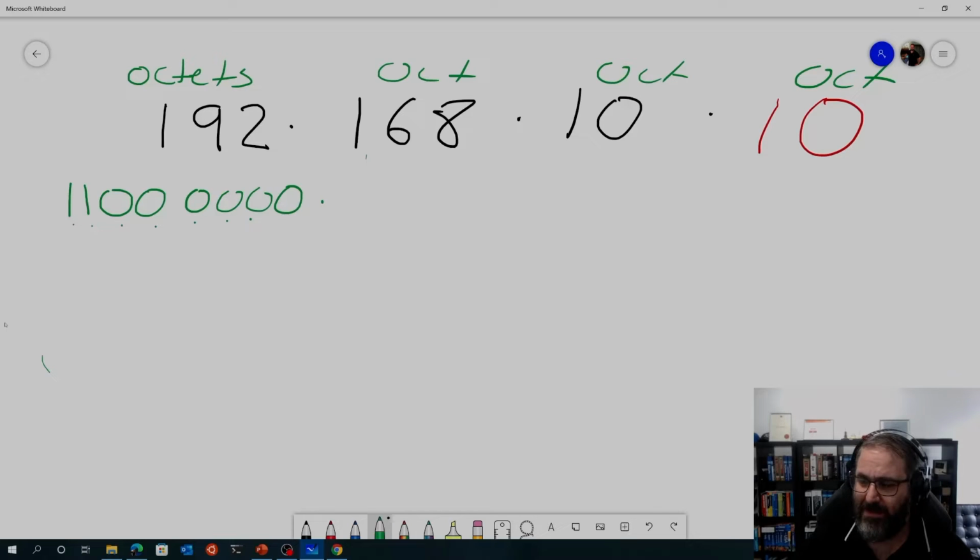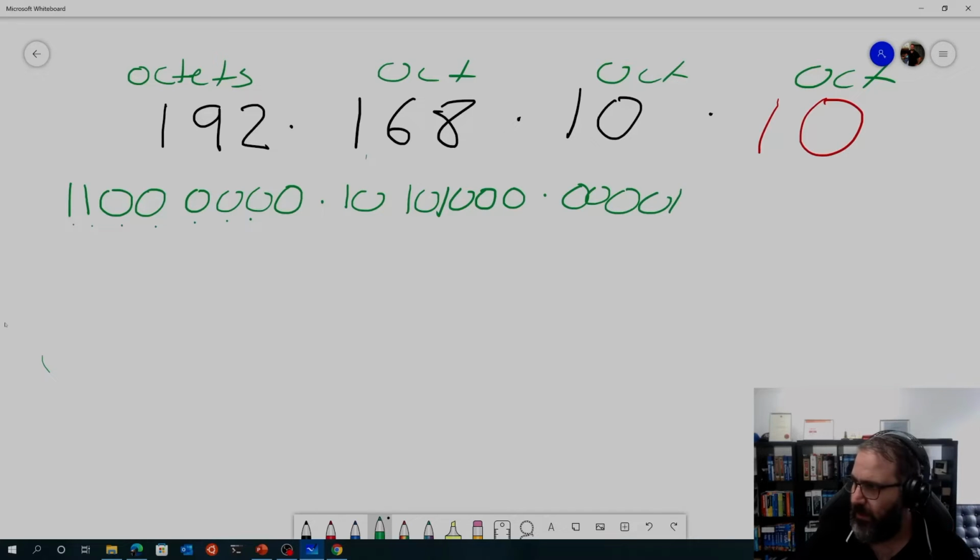Why this is 1, 1 and the zeros, we'll go through that. We'll get there. But let's continue the bit scheme. This one will be 0, 0, 0. And this one will be the same as that because they're both 10s.